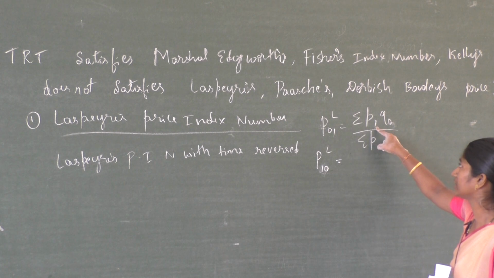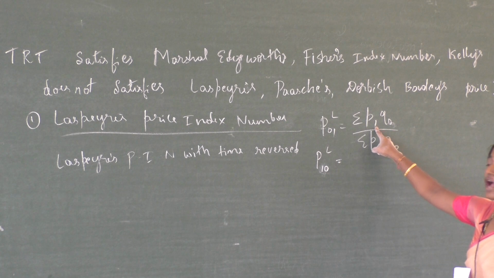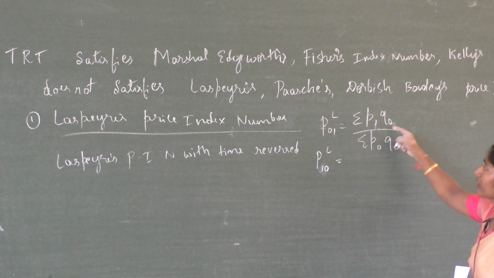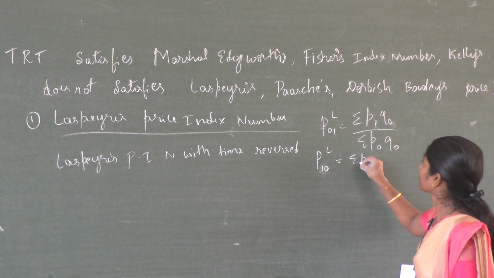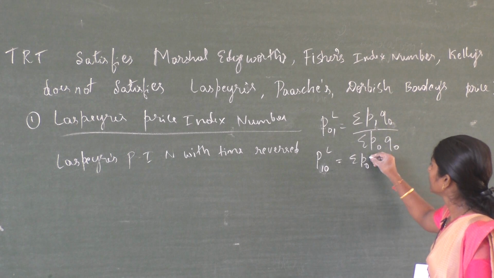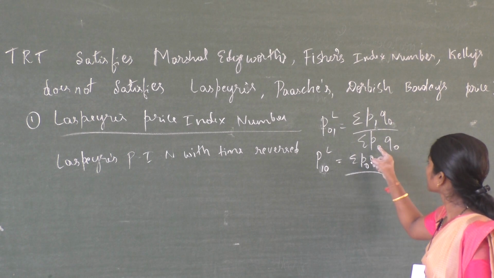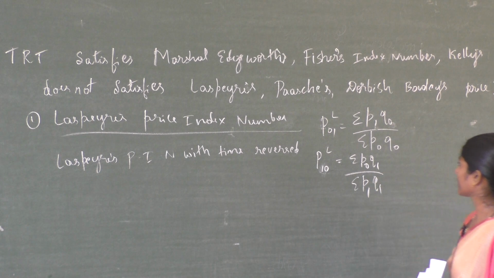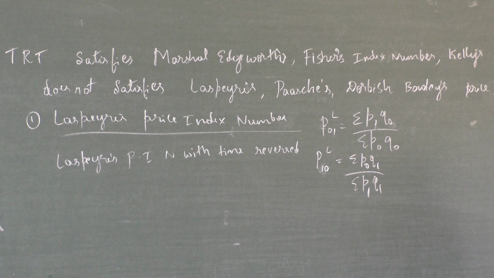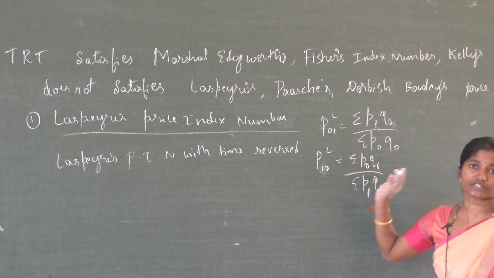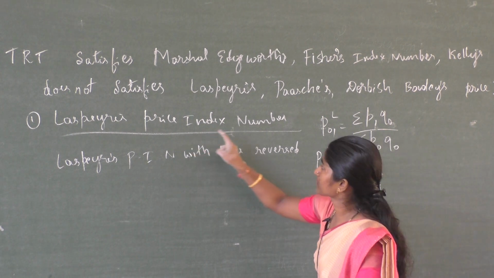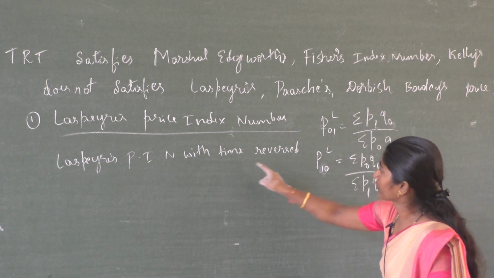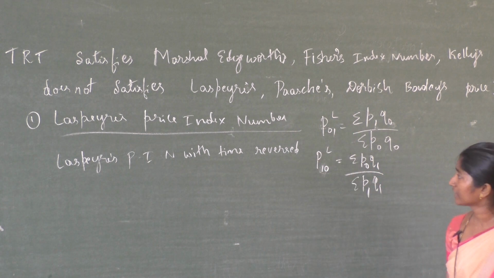Here also we interchange: instead of 1 we write 0, instead of 0 we write 1, so P0 here, P1 here, and here Q1. We just interchanged, instead of 0 we wrote 1, only that much. This is very easy.